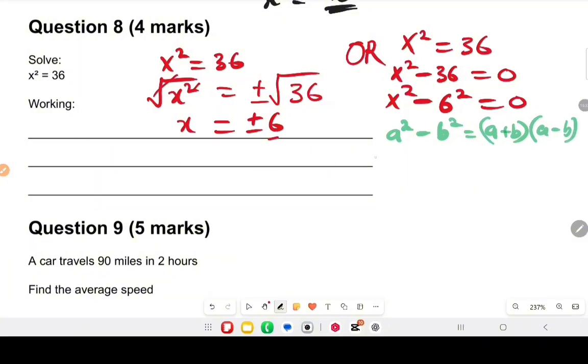That is, this expression we change to x plus 6 into x minus 6 equal to 0.